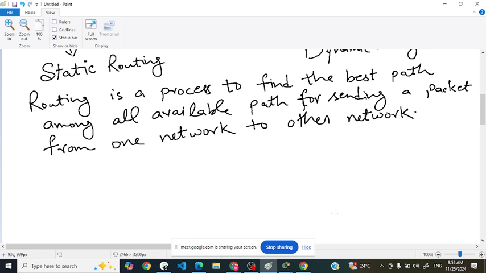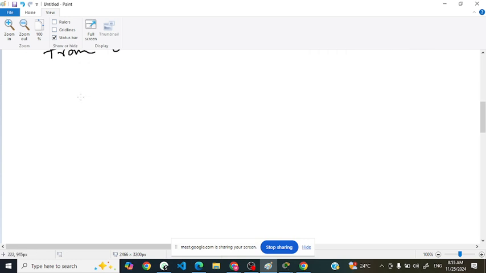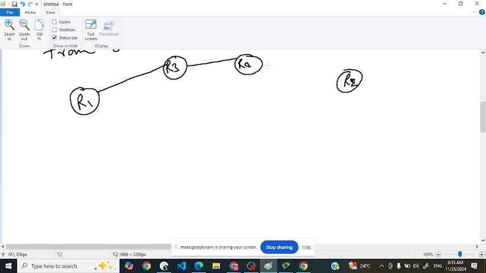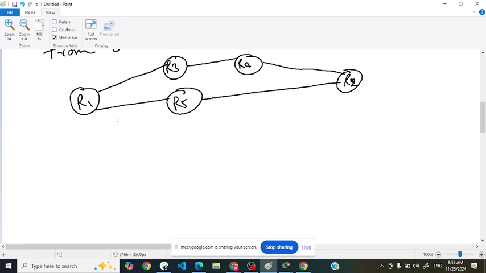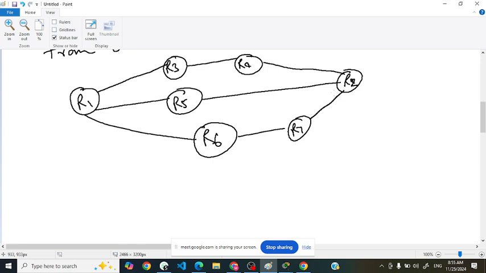Suppose, Lakshman, this is router 1, this is router 2, and there are four paths available and one path is directly connected.